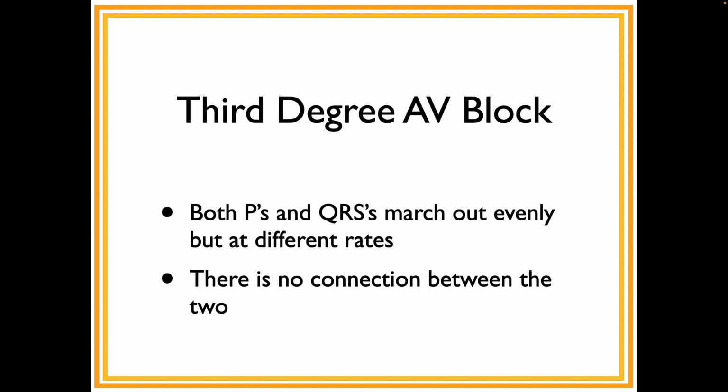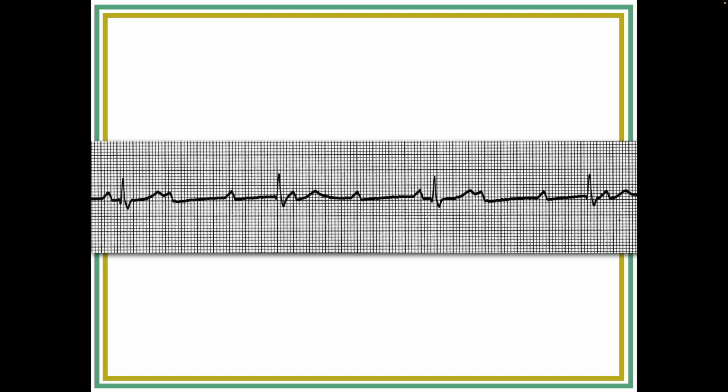So let's look at it because it's so much easier to look at a picture. When you look at an ECG strip, and I hope everybody can see, even at a quick glance, you can say, oh, I think there's some orphan P's here, or at least there seem to be more P's than QRS's, okay?